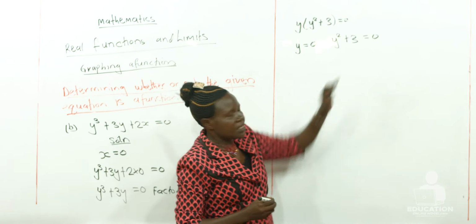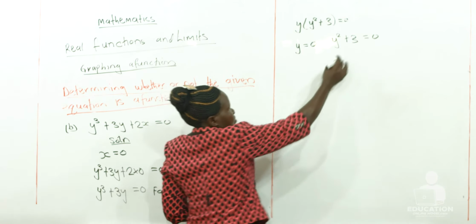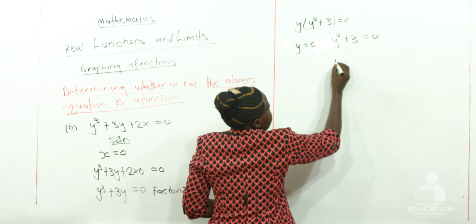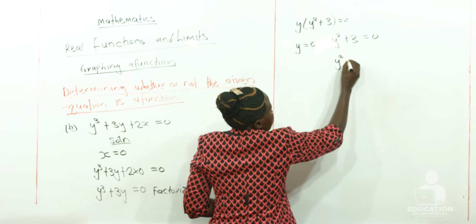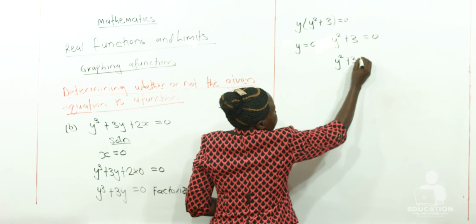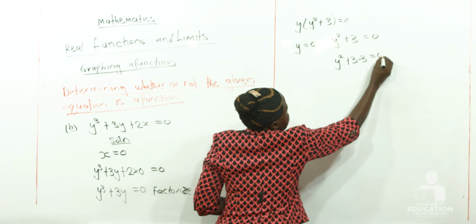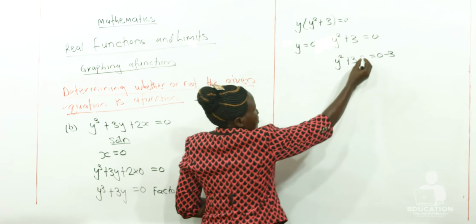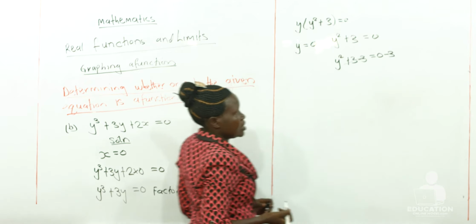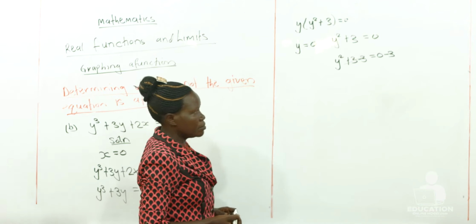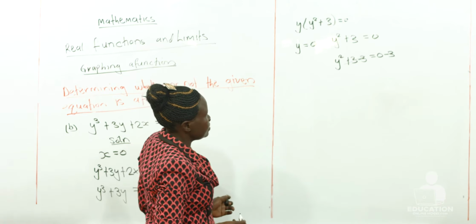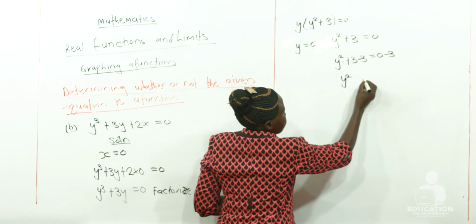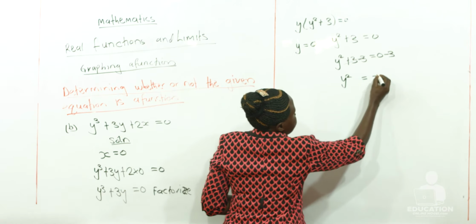We eliminate first the constant from here, and then we shall have y square plus 3 minus 3 equals to 0 minus 3. Such that this 3 will automatically be cancelled from your left side. And then you remain with y square equals to negative 3.